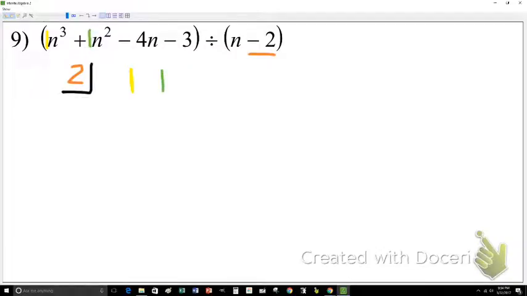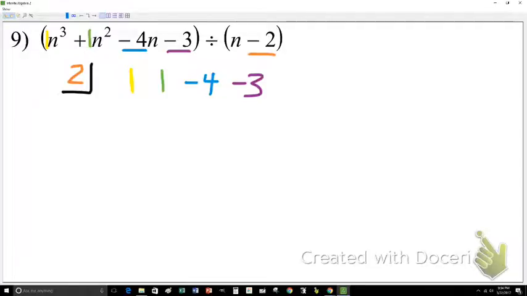Okay. The third coefficient that we have is -4. So we're going to put that -4 as the next number in our line there. And the last thing, the constant, is -3. So we're going to place the -3 over there.